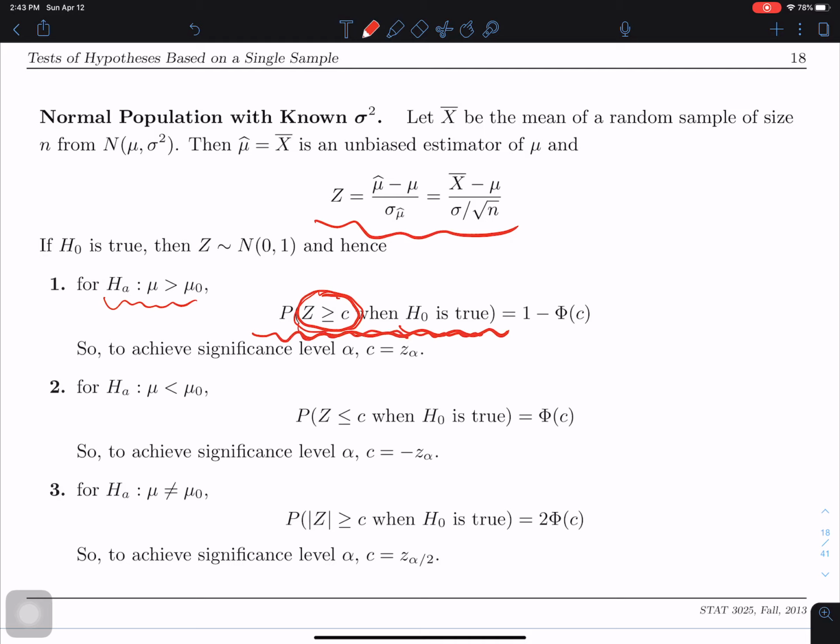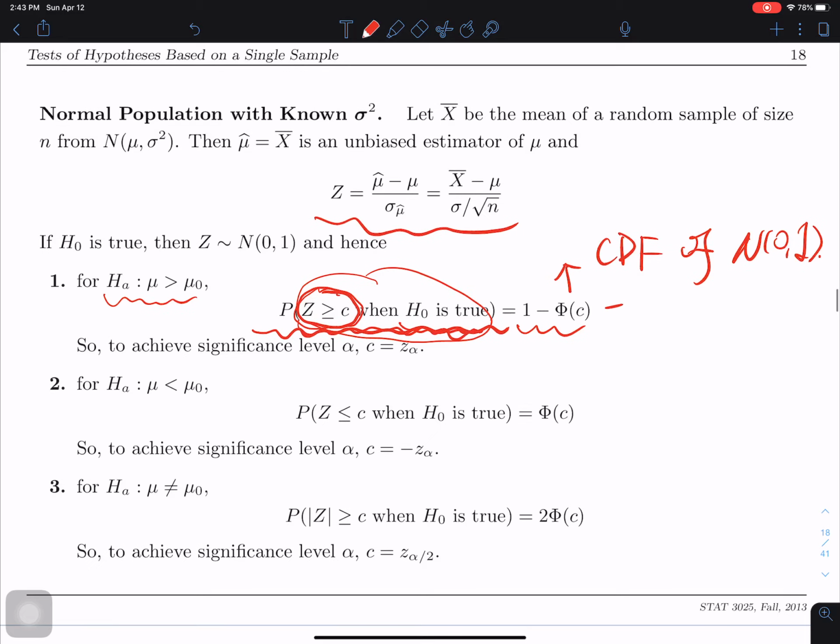So this statement is the statement of type 1 error. The probability of type 1 error will be this, which will result in 1 minus phi of c, where phi is the CDF of normal(0, 1). And to achieve a significance level alpha, we need to set this equal to alpha. That is to say, c will equal z alpha.